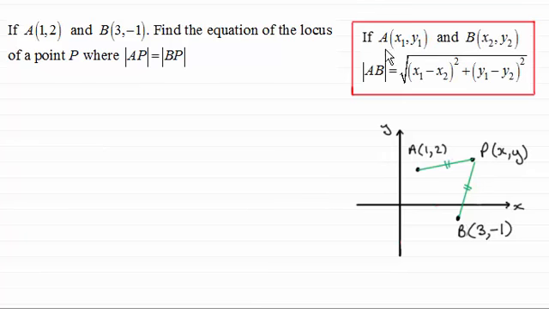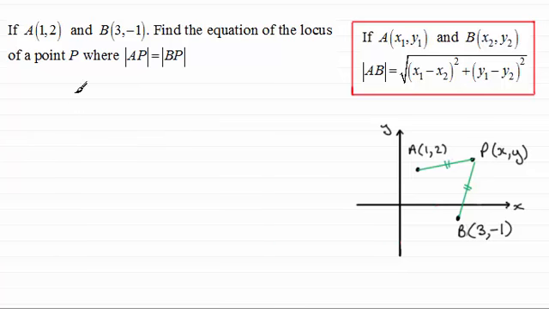Remember, if you have 2 points, A and B, say, with coordinates x1, y1, x2, y2 respectively, then the distance between them, AB in this case, is, by Pythagoras' theorem, the square root of the difference between the x coordinates squared plus the difference between the y coordinates squared.